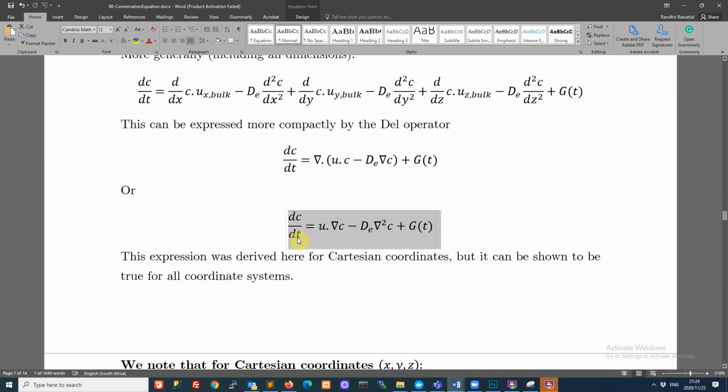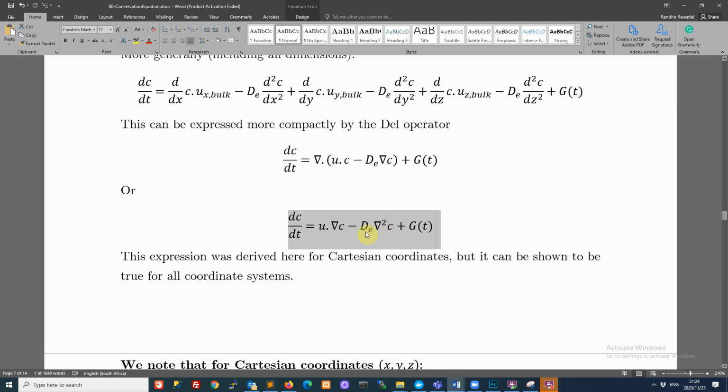The other thing is that now we've derived this expression, and it's general. We can say that the convection term always looks like this, the diffusion term always looks like this, and then it's just a matter of looking for our system. Do we have convection? If we don't have convection, then U is simply 0 and we ignore this term.